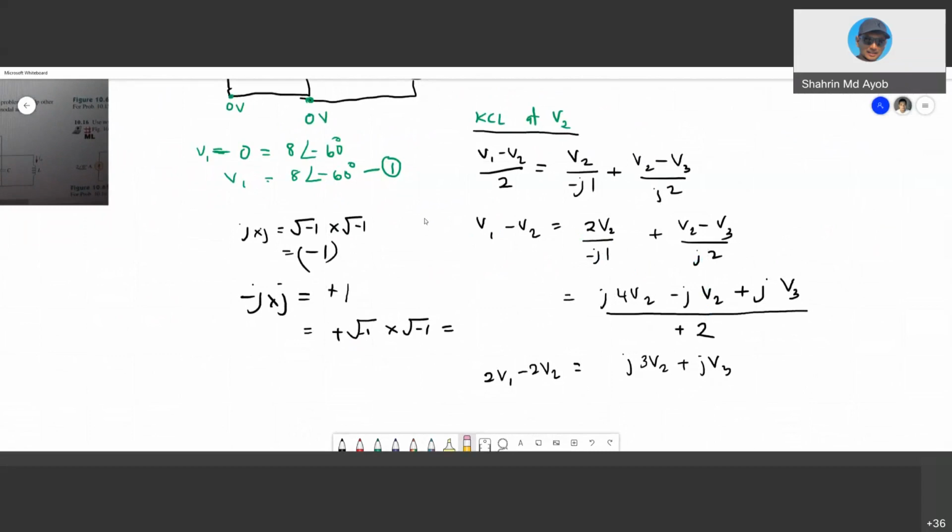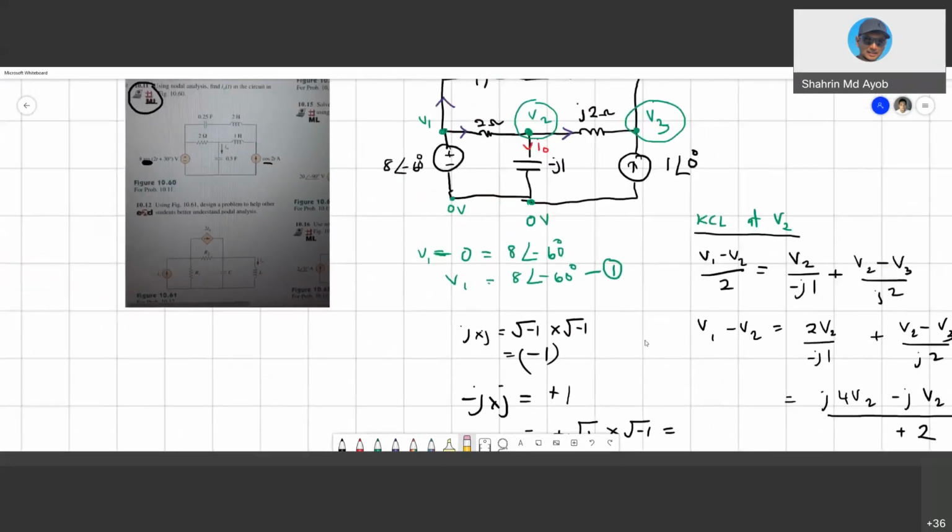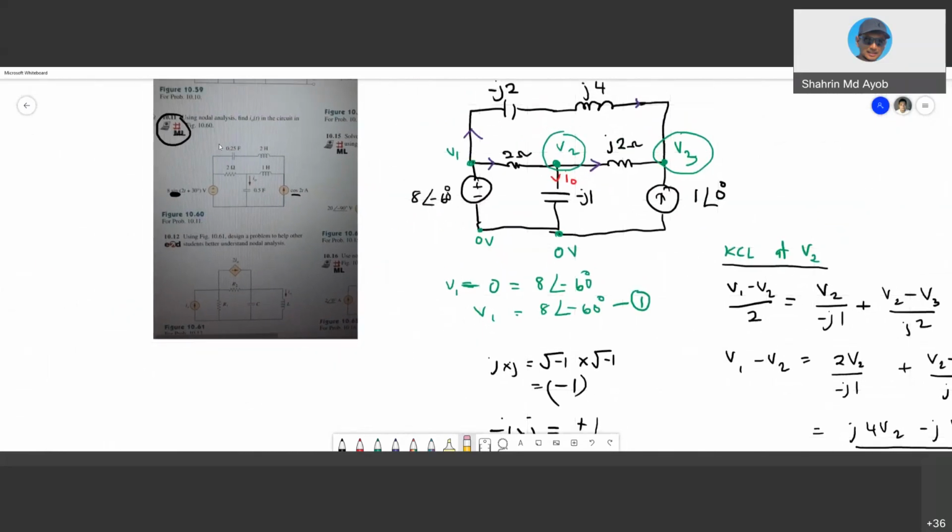But usually for our examination, we will not have this kind of questions. This is very tough actually. I can see that from this circuit, when this symbol come, so I can see that this is a very complicated solution. Okay.